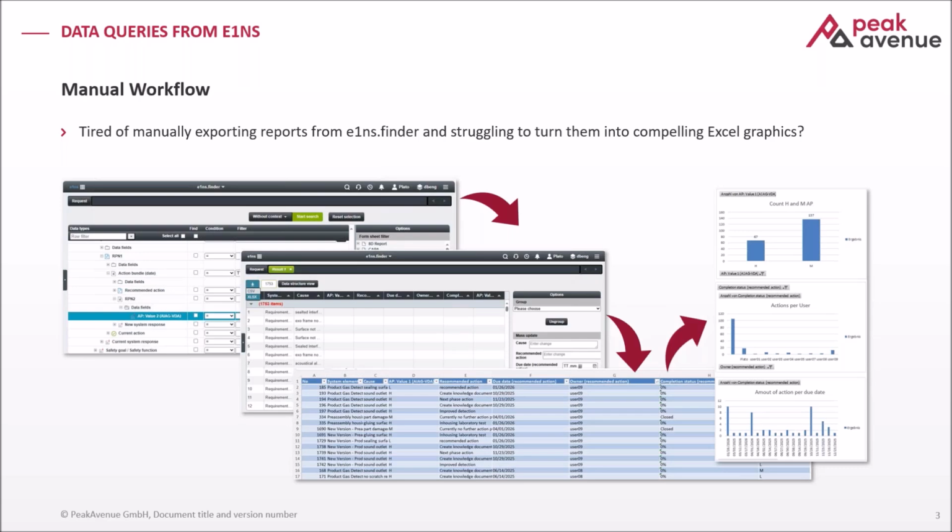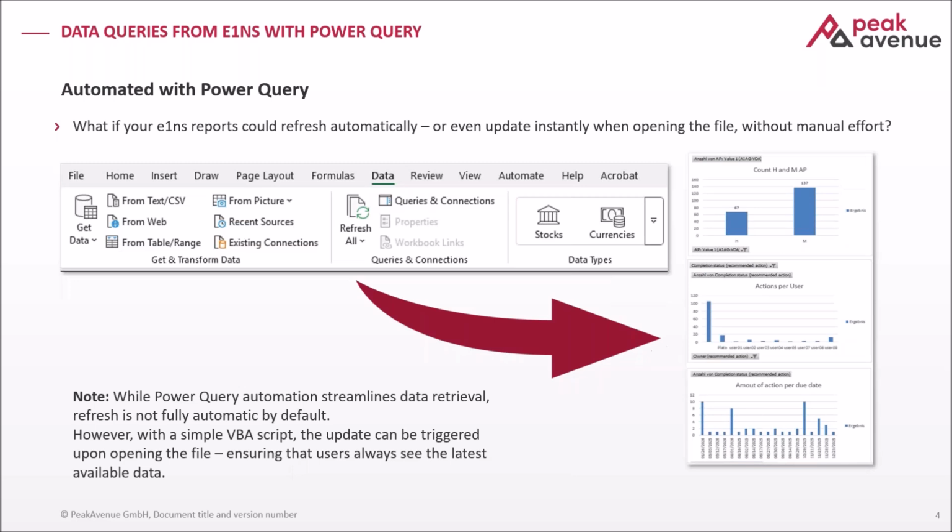With Power Query, we can improve it. At least we only have to open a file where maybe pivot charts already exist. And additionally, we just need to push a button in the Excel area Data.